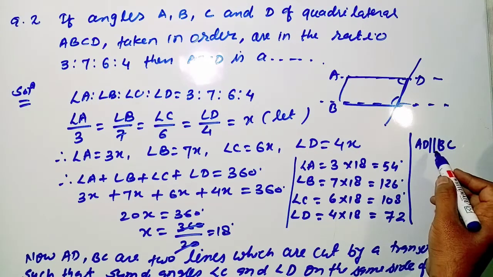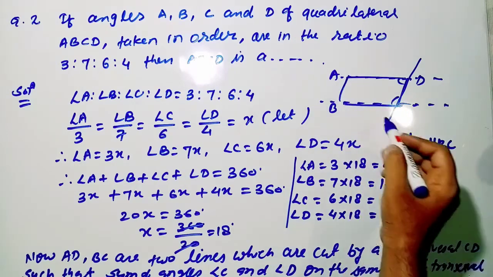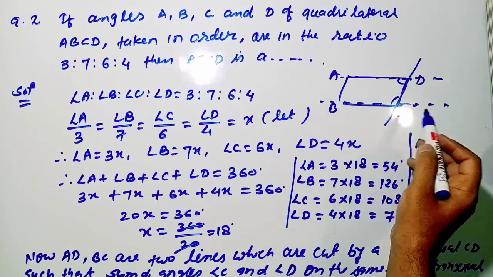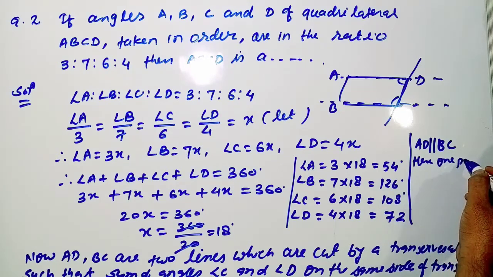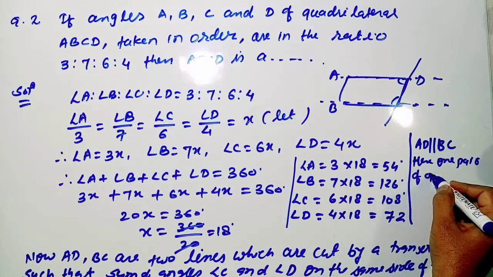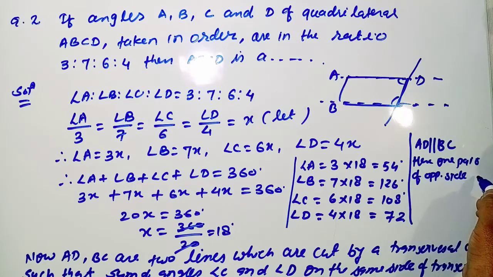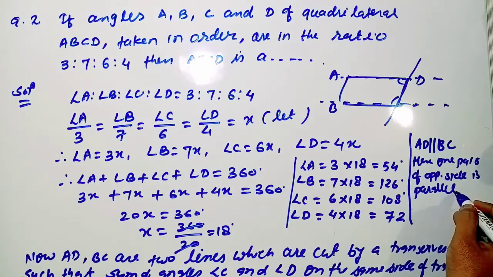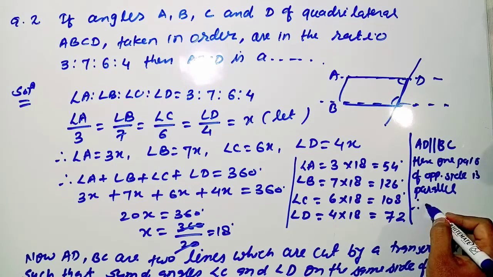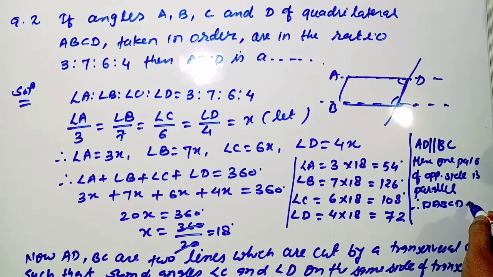So we can say that quadrilateral ABCD, hence one pair of opposite sides is parallel, so quadrilateral ABCD is a trapezium. Quadrilateral ABCD is a trapezium, right students?